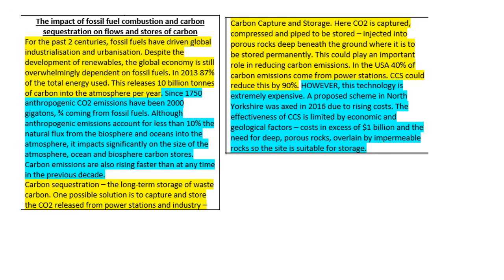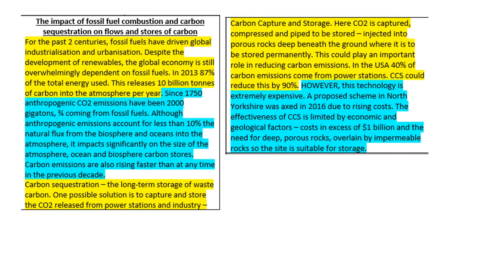Carbon sequestration. So one solution that we've looked at is carbon capture and storage, which is where you build a big dome around your power station to capture the carbon, and then you pipe it and inject it into the rocks beneath the ground where it's stored permanently. This could be an important reduction in carbon emissions. In the USA, 40% of their carbon comes from power stations, so you could reduce their emissions by 90% from power stations.